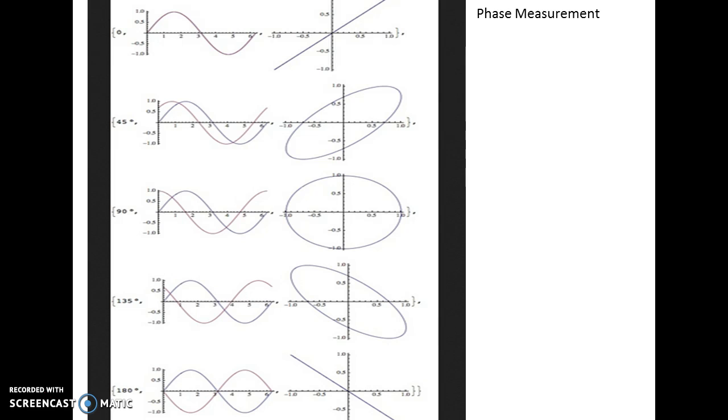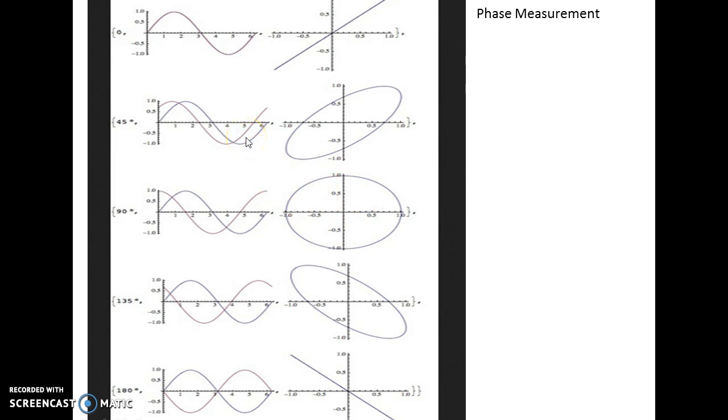Now when two signals are in zero phase, as you observe here, then the pattern received is a straight line like this. Notice this is a positive slope. Now if the signals have a 90-degree phase shift, then the pattern received is a circle.